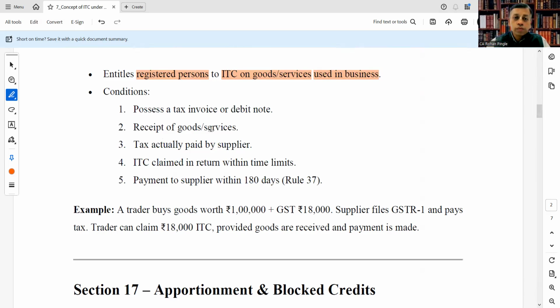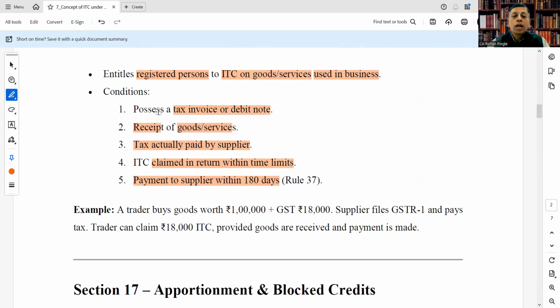Conditions: possess a tax invoice or debit note, receipt of goods or services, tax actually paid by the supplier, ITC claimed in return within time limits, and payment to supplier within 180 days. Rule 37 talks about payment to supplier within 180 days. Else, if you have not paid, you have to reverse that ITC after the 180 days period. Means on the 181st day, you have to reverse that ITC if you have not paid.